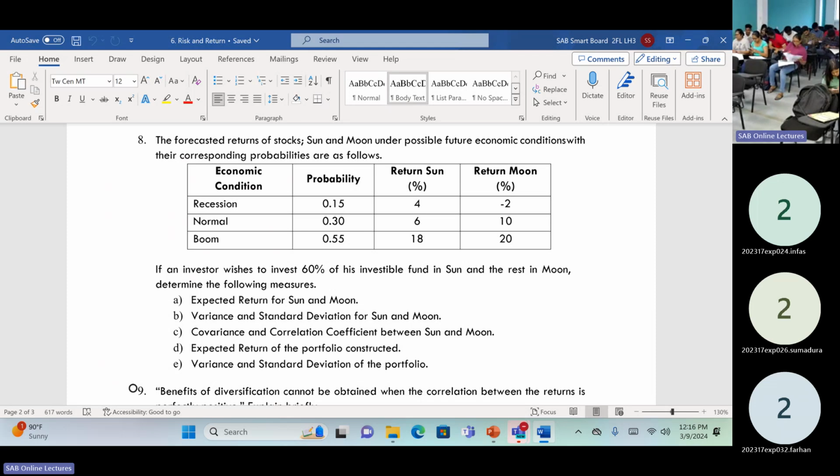Anyway, calculate the expected return and standard deviation for Sun and Moon.